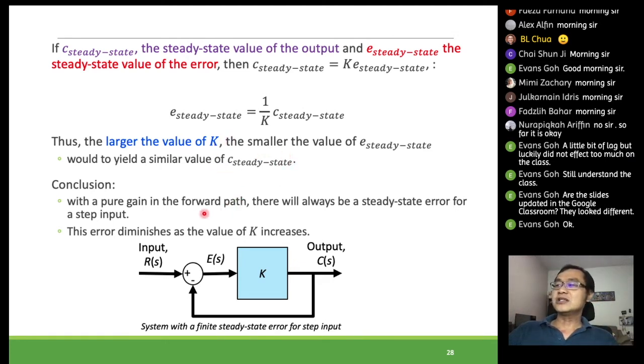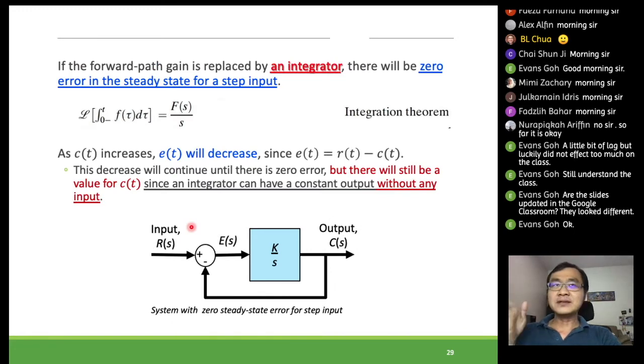So in conclusion, the forward path always gives us a steady state error, but this error becomes negligible, diminishes, when the gain value increases, right? This is the main idea behind using the gain, the k value, to control the steady state error.